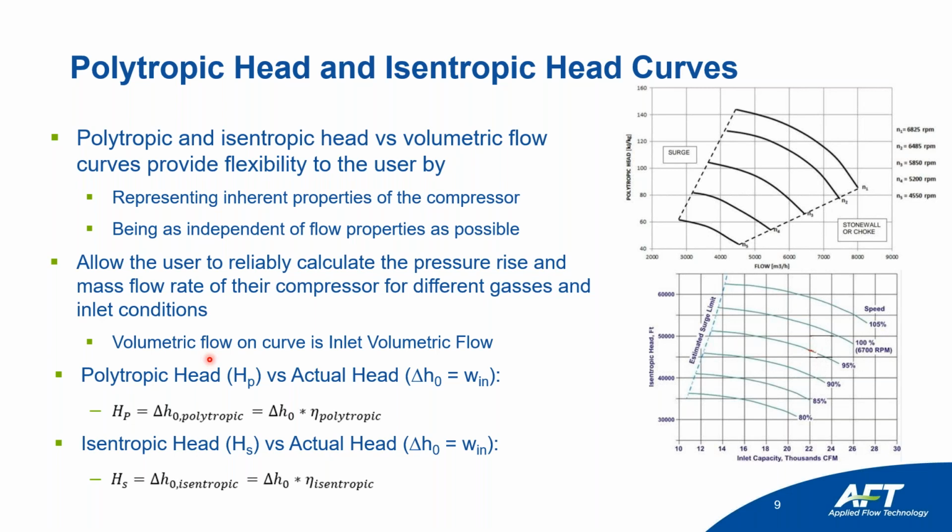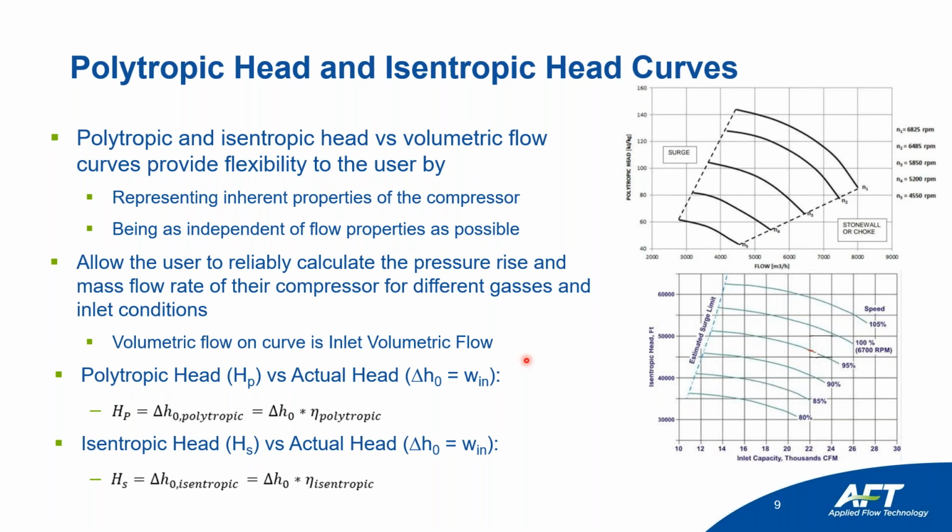As many of you know, but just to solidify things and reduce confusion, these volumetric flow values on the curves are referring to the inlet volumetric flow. So as long as you use the polytropic head versus inlet volumetric flow, you get these very flexible curves that work with different inlet conditions and different gases.